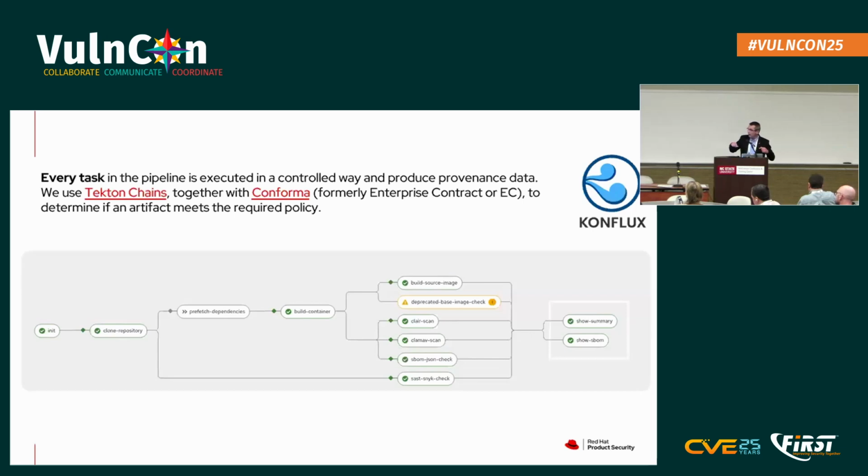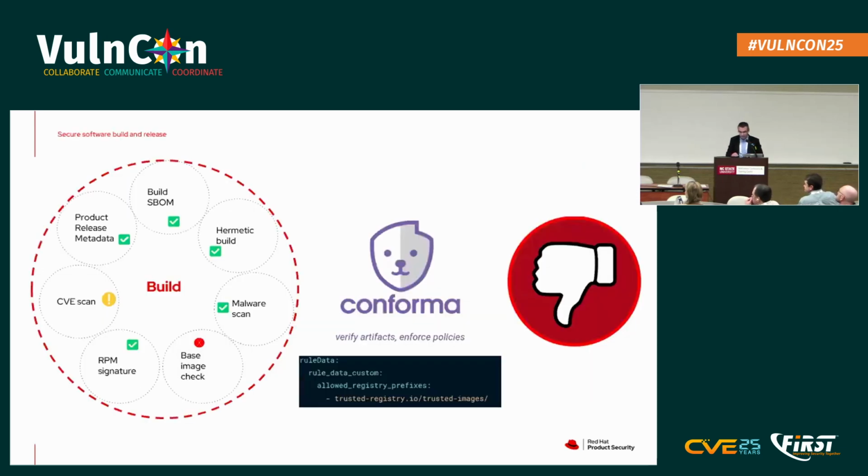Let's take a look at two examples of how that validation looks. In this example, we have a build with various test results. One of the tasks does not meet the predefined policy rule. It seems that a not allowed build base image was used.